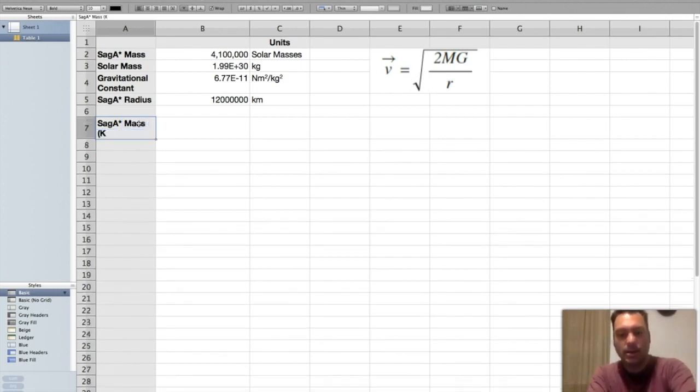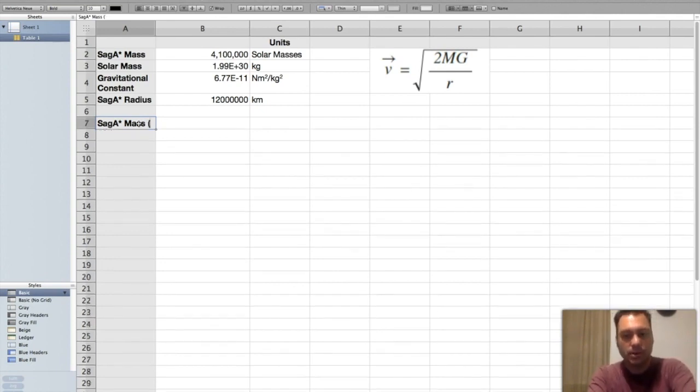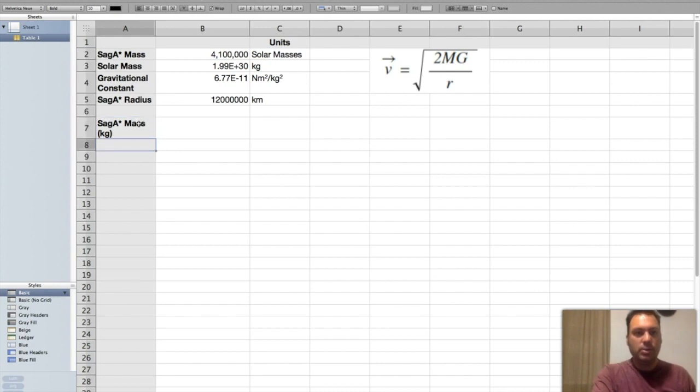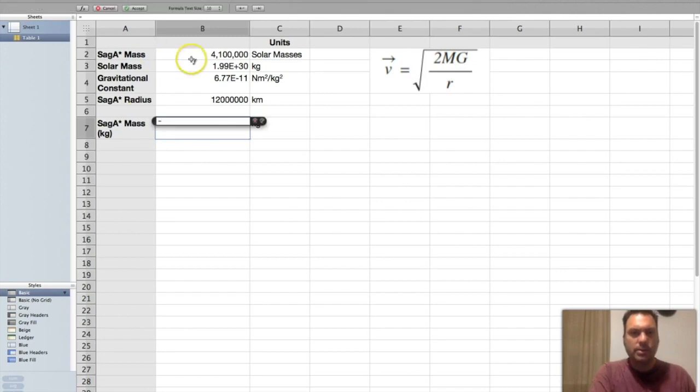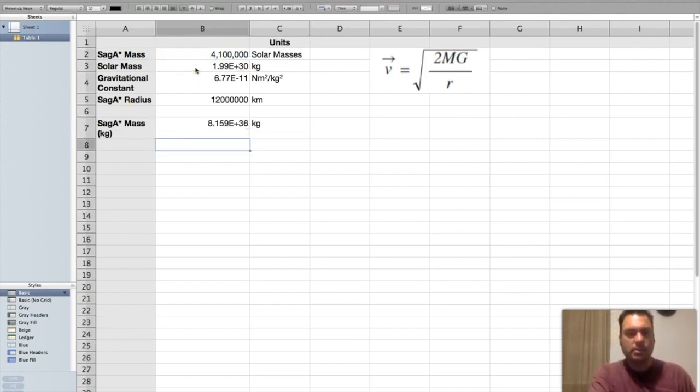We'll put the lowercase kg like that so that we know what the difference is. Put our unit here, kg. All right, let's multiply that. So this times the solar mass. All right, so this is the mass of the supermassive object: 4.1 million suns all in one single object.